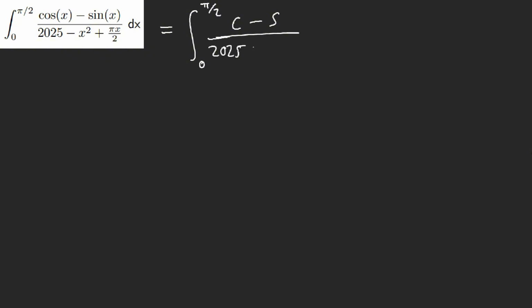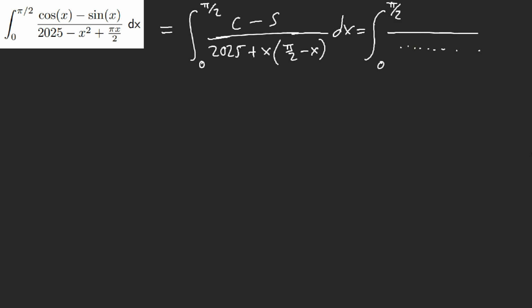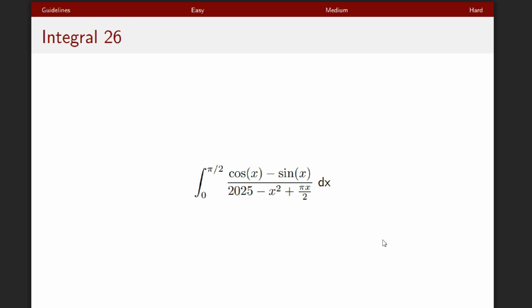Now look at this. I'm going to say plus. This is x of pi over 2 minus x. Do you see what I'm seeing? This is equal to the same thing as this denominator, except that now we have sine and cosine. We get 0. I believe that's what this integral is. Yeah. Okay. Very nice eye catch.